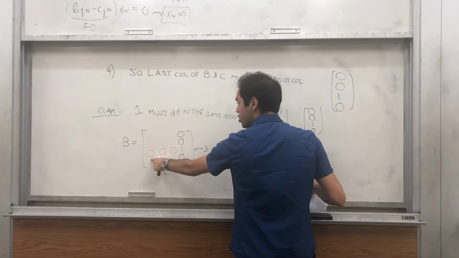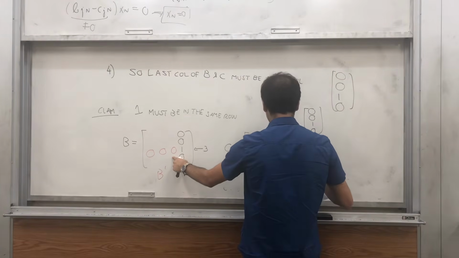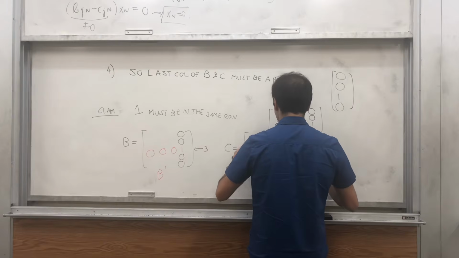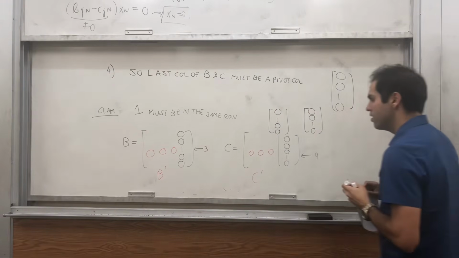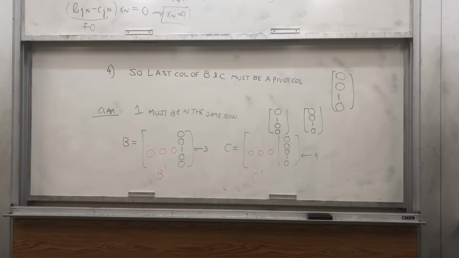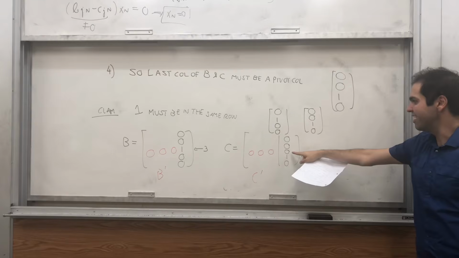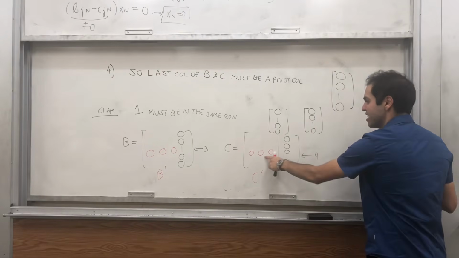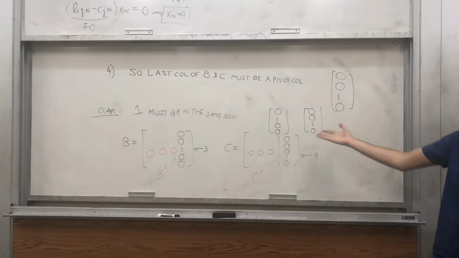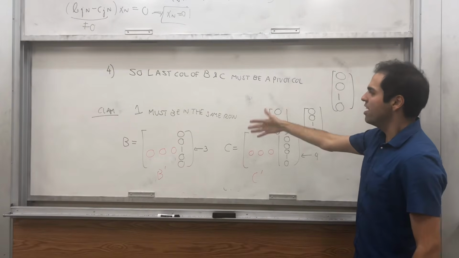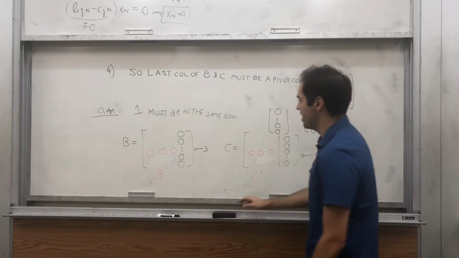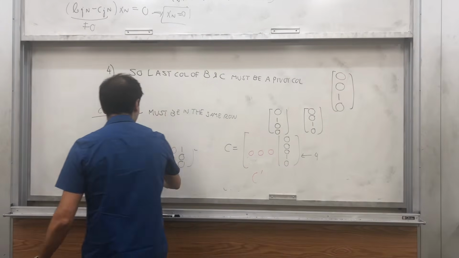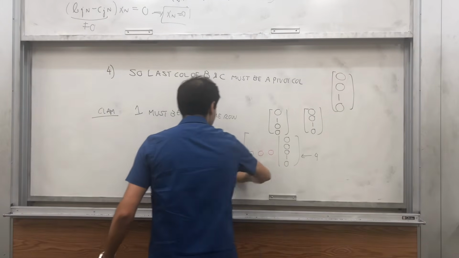So if there are a bunch of zeros in the third row of B, there are also a bunch of zeros in the third row of C. That is already a contradiction, because then the zero row is not at the bottom. Therefore, the 1 in the pivot column must be in the same row.